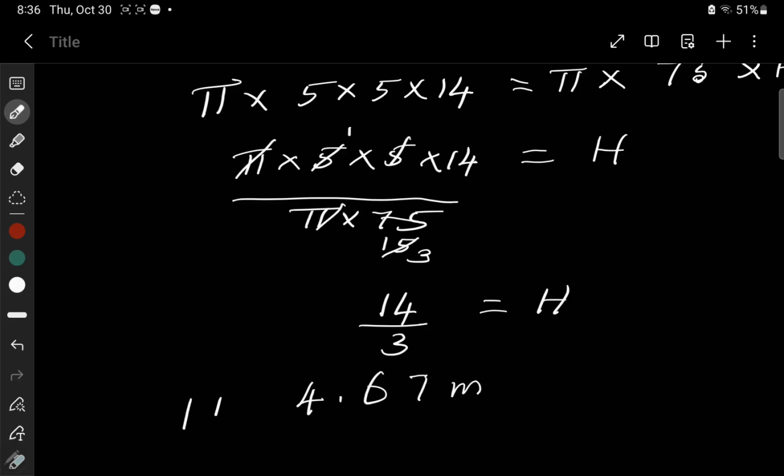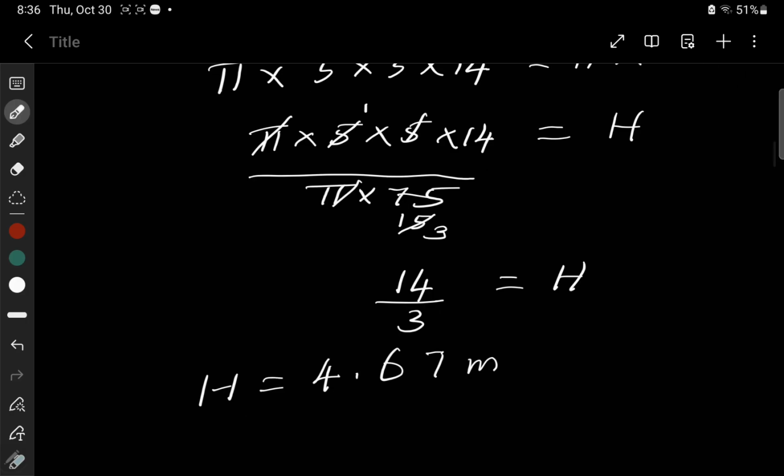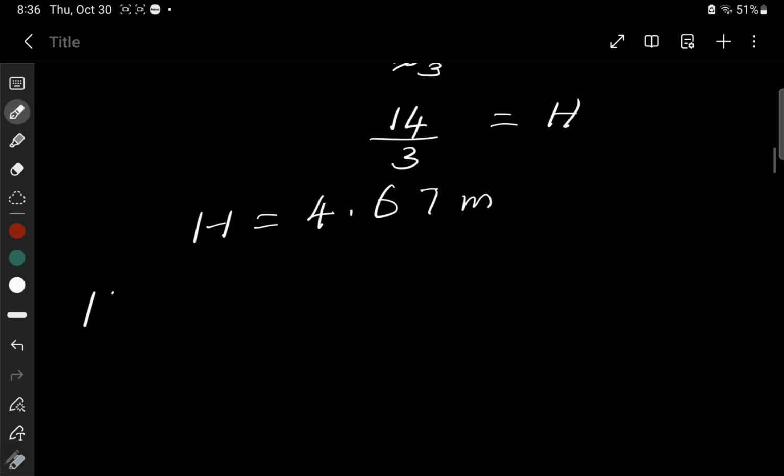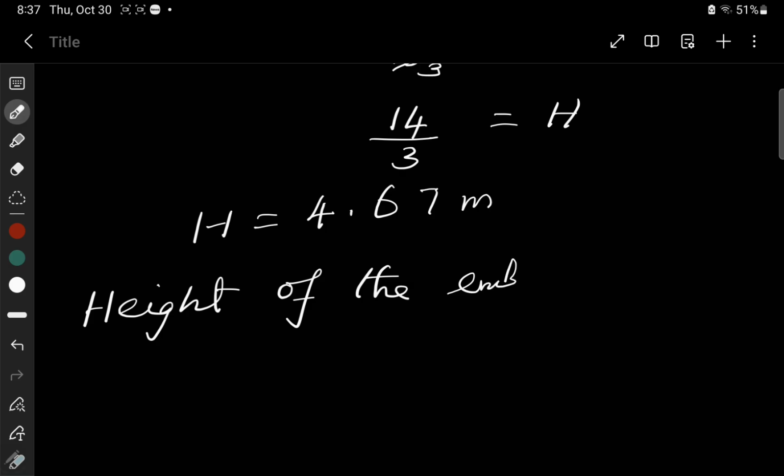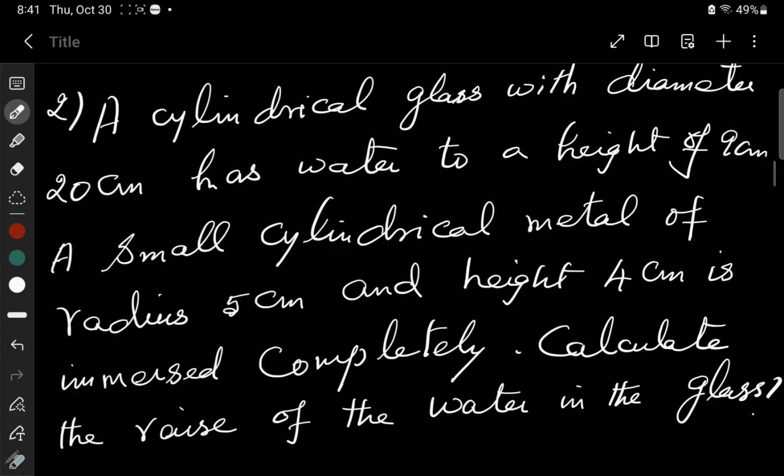Our capital H is equal to 4.67 meter. That is the height of the wall around the well. That is the height of the embankment. Embankment is the wall around the well, which is equal to 4.67 meter.